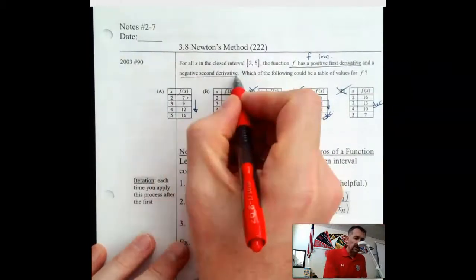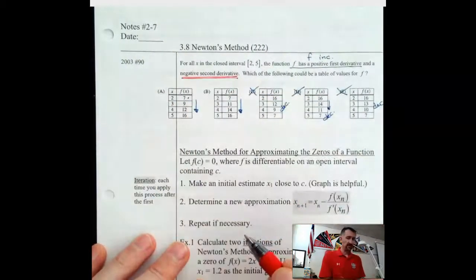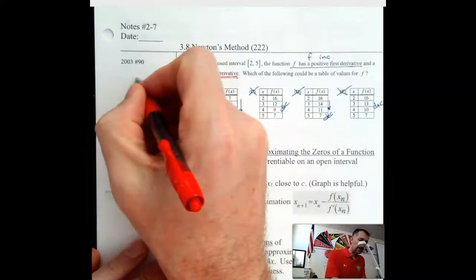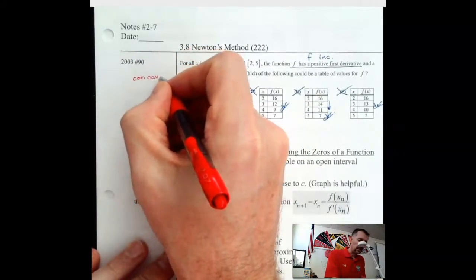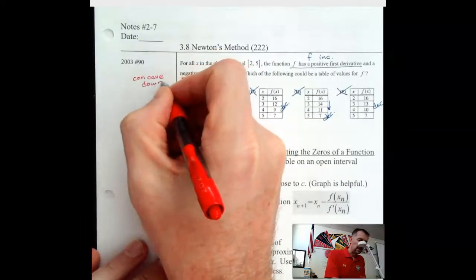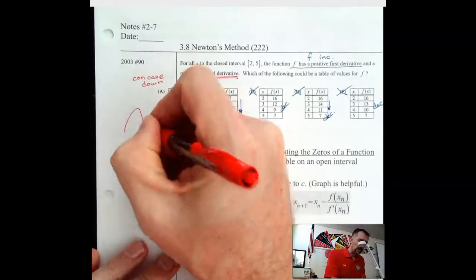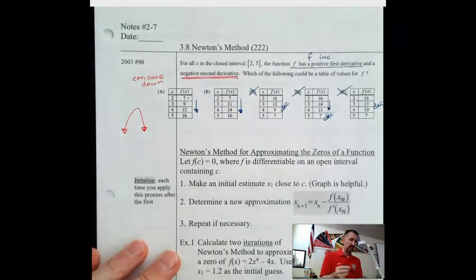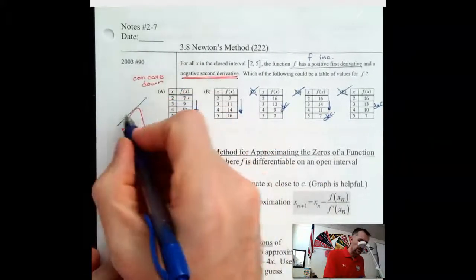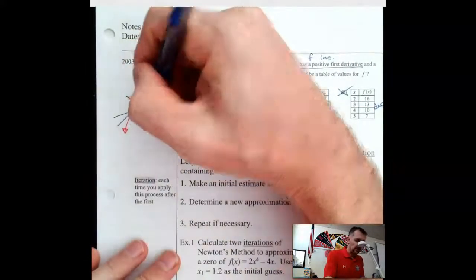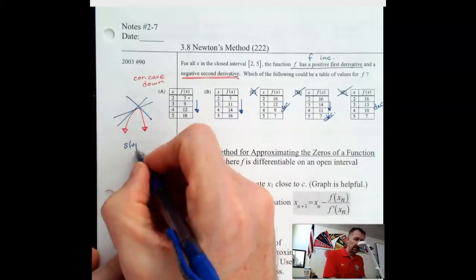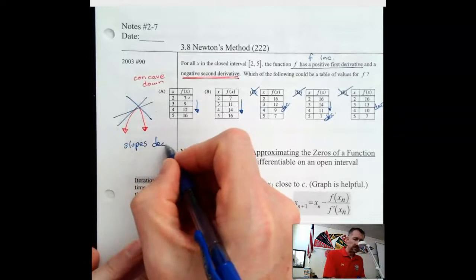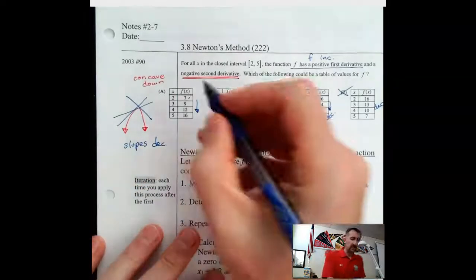But so we have a negative second derivative. That means that f is concave down. And if you think about what that means, concave down, you think about these tangent lines as we move across, and the slopes decrease. So we need to be checking to see which slopes decrease.